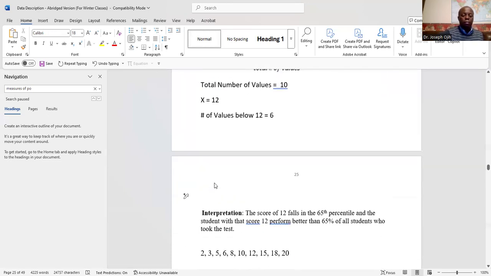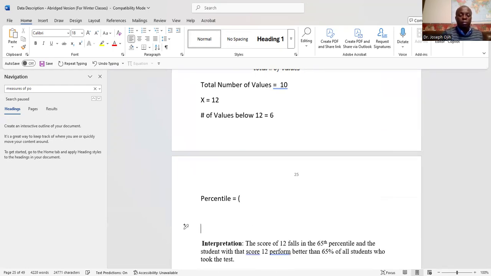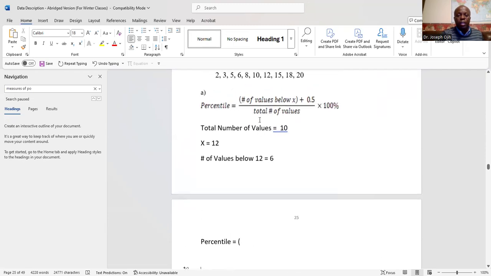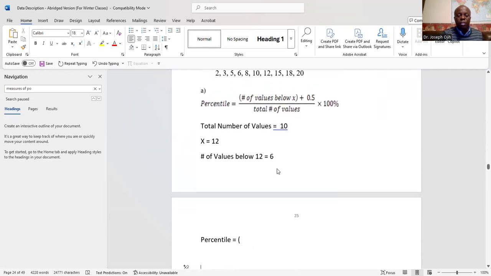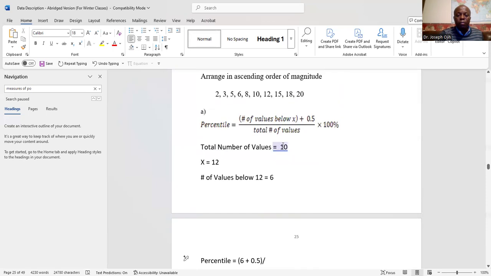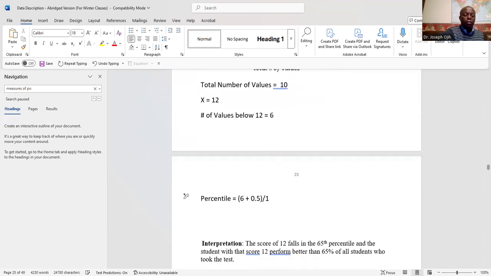Percentile equals, I'm going to put it in parentheses because I'm going to do math to add these two values. Number of values below x, where x is 12, is 6, plus 0.5, divided by total number of values, which is 10 students, times 100.